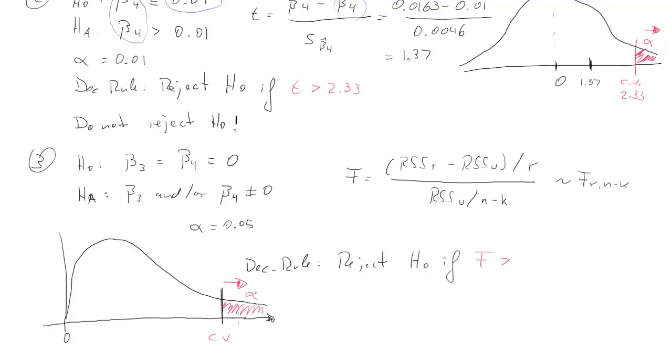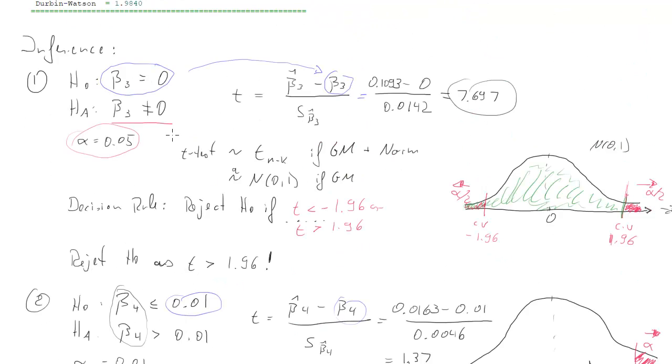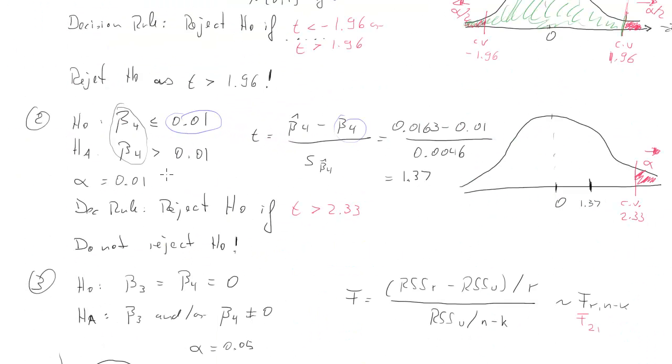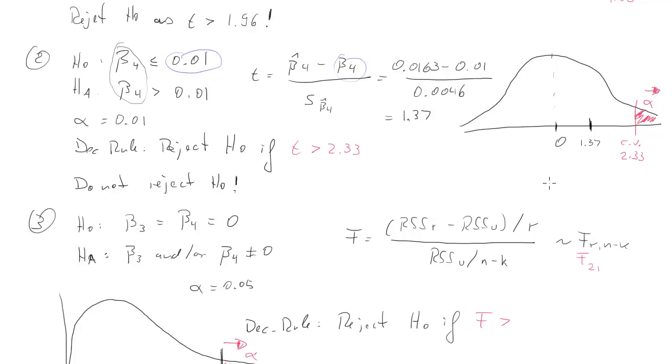We need the degrees of freedom, r and n minus k. In our case, r is 2 because we have 2 restrictions, and n was 428, and k was 4, so 428 minus 4 is 424.